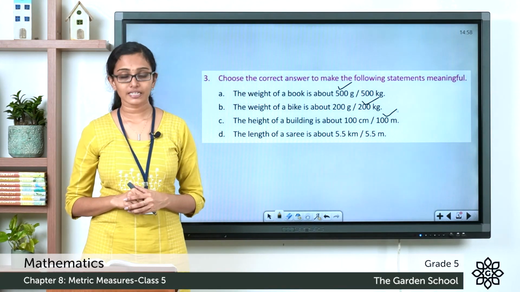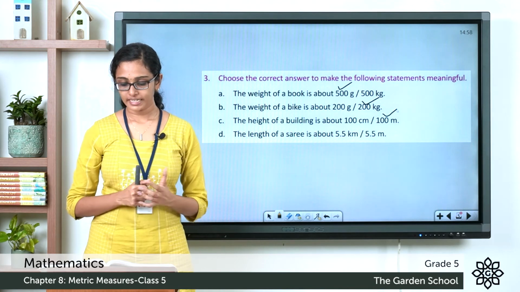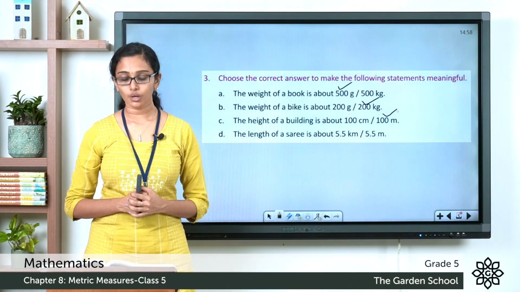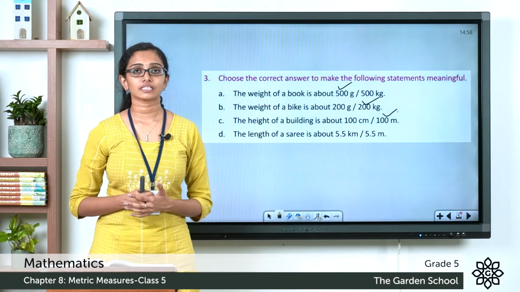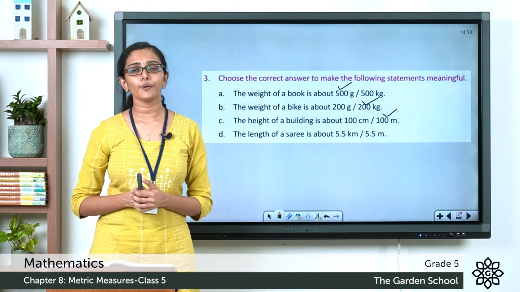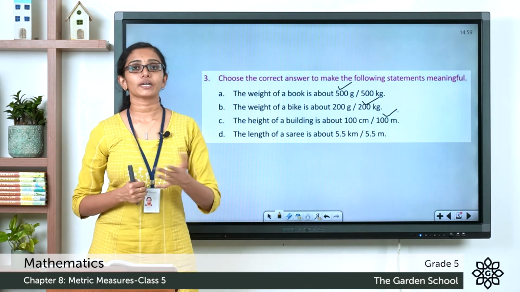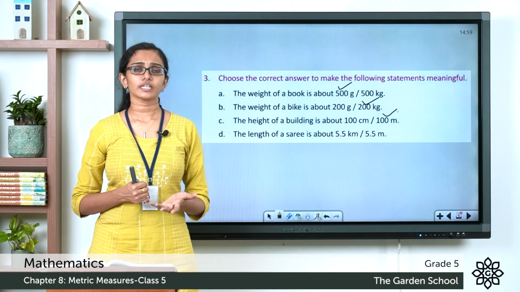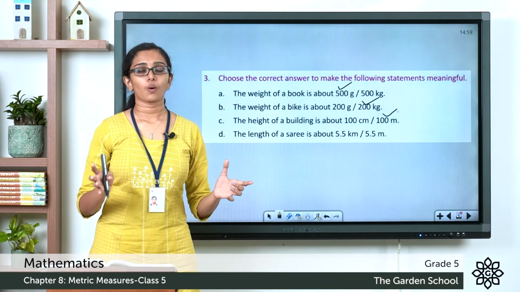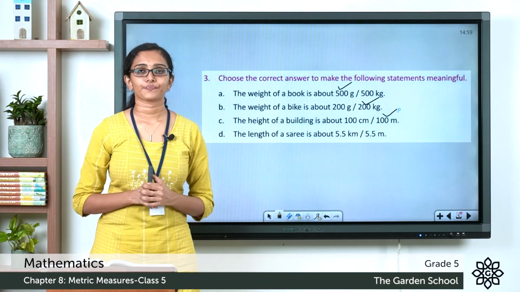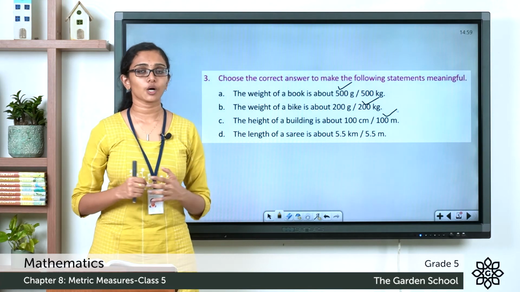Now, question D. The length of a sari is about 5.5 kilometer or 5.5 meter. Now, how much is the distance of the school from your home? It might be 1 kilometer, 2 kilometer, 3 kilometer or even 10 kilometers. So you can make a guess how much 1 kilometer will be in distance. So do you think a sari will be 1 kilometer long?